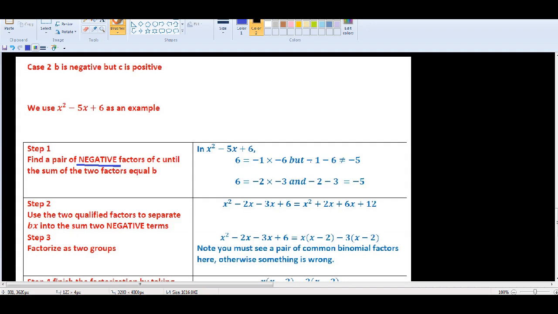Otherwise, the sum of this pair can't be negative. That's why you have to consider negative factors rather than positive factors of the last term 6, and then you add them up to see if the two numbers you choose give you a sum which equals the middle term. No.